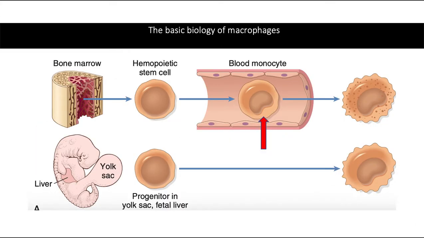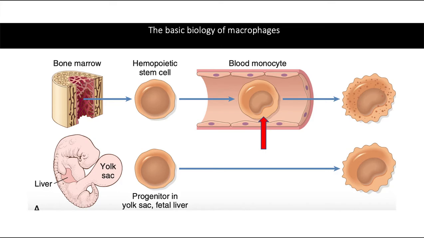In inflammatory reactions, progenitors in the bone marrow give rise to monocytes, shown by the red arrow, which enter the blood, migrate into various tissues, and differentiate into macrophages. Entry of blood monocytes into tissues is governed by the same factors that are involved in neutrophil immigration, such as adhesion molecules and chemokines.